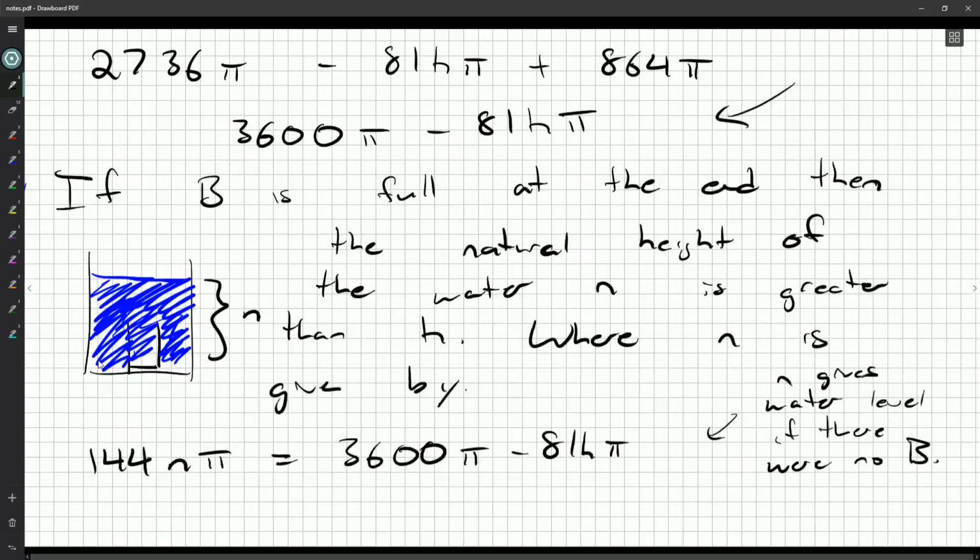Okay, so that's what we've got. So the water level, maybe even say water level in A if there were no B. Okay, so we can actually work this N out in terms of H, I think, and get maybe an inequality.